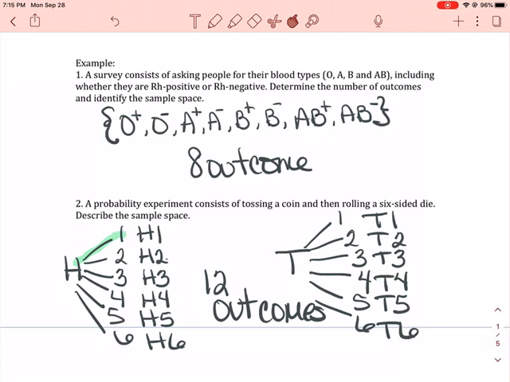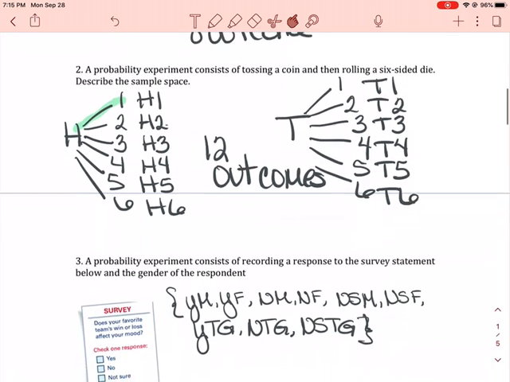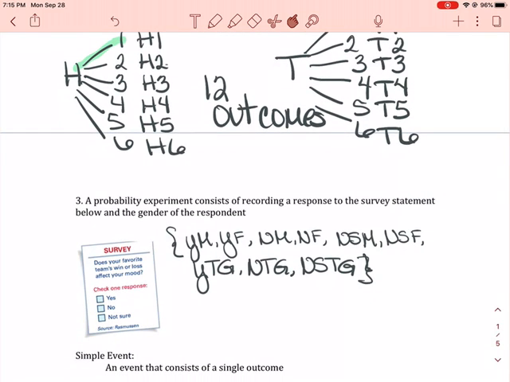All right, why don't you pause the video and see if you can do the next one. I may be wrong in the next one, so we'll have to talk about this one in class. It's the probability experiment according to the response to the survey and then the gender of the respondent. So I looked at it and went, okay, there are 3 responses here: yes, no, and not sure.